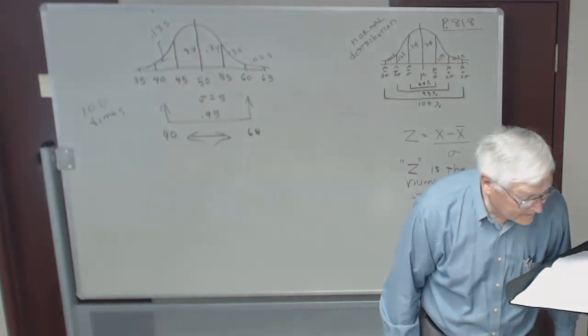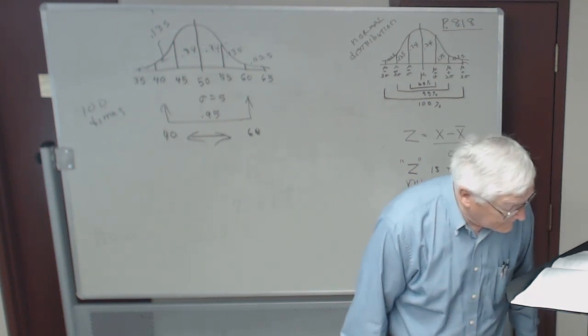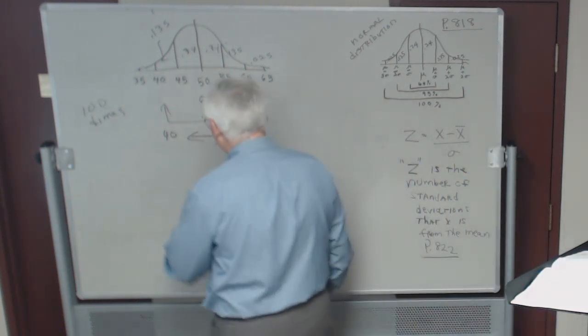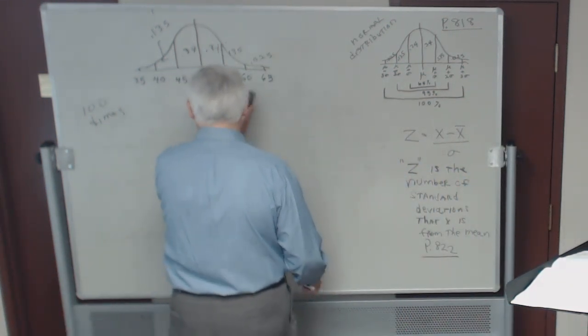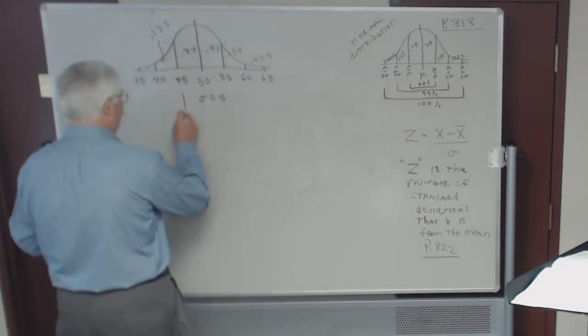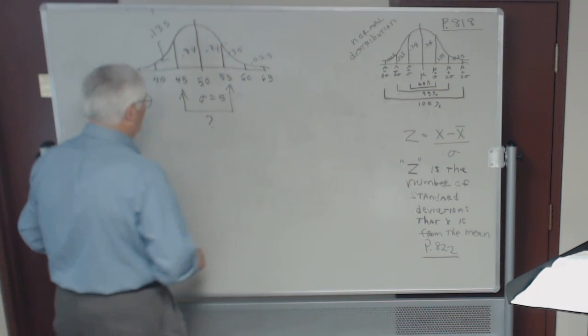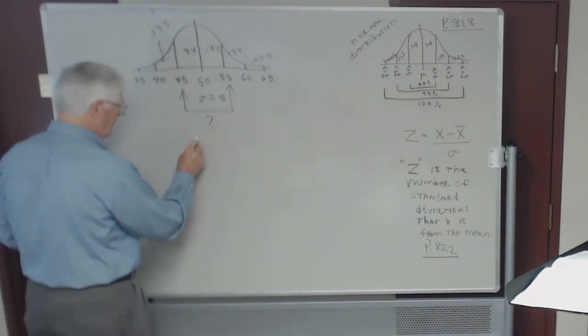Then what's question 10b? What percent of the time would you expect the scores, the heads, to be between 45 and 55? What percent would that be?